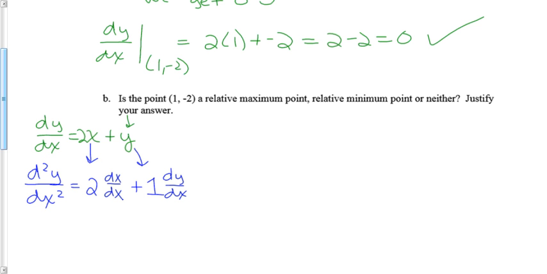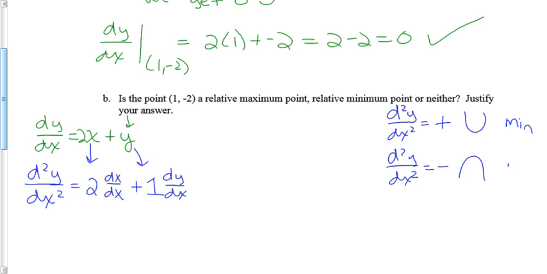So now, how is the second derivative going to help me? Well, if the second derivative is positive, then the function is concave up, which means we have a min. And if my second derivative is negative, we are concave down, which means we have a max. So let's see what we have at this particular point.